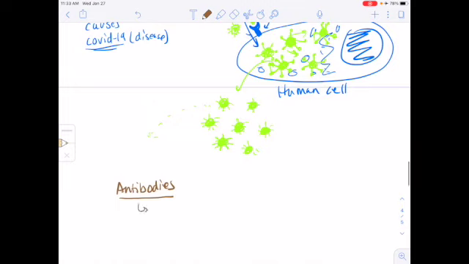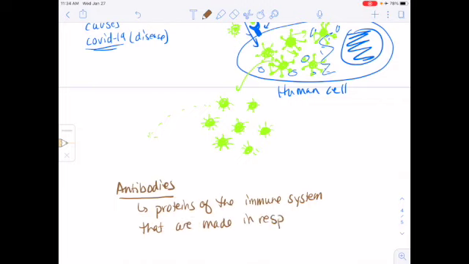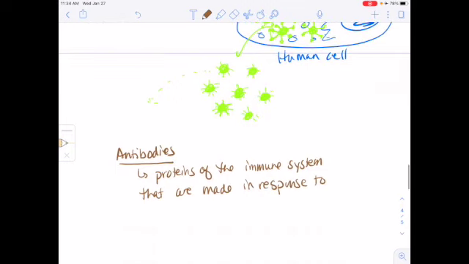So these are proteins of the immune system that are made in response to what we call an antigen.